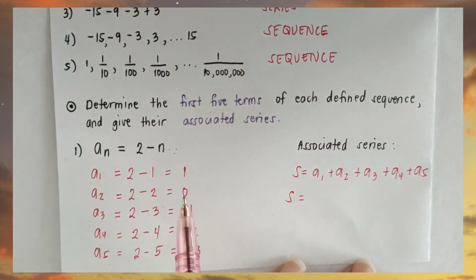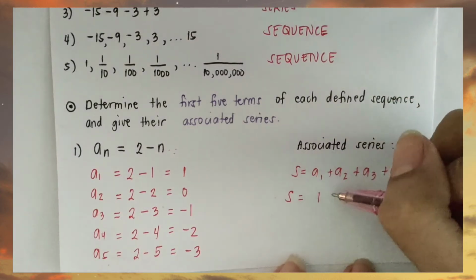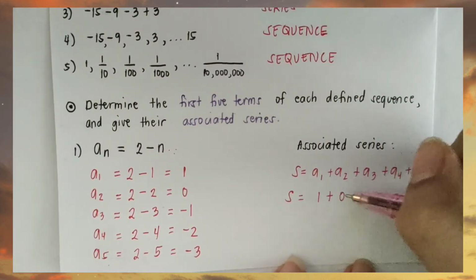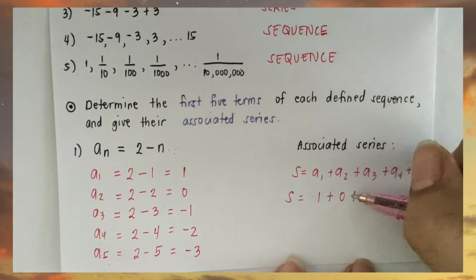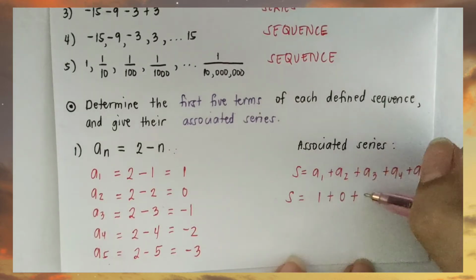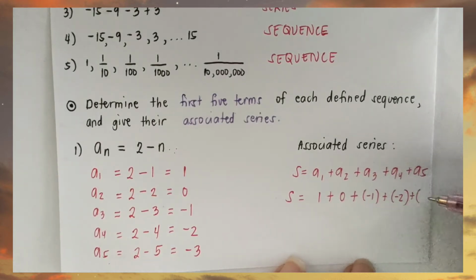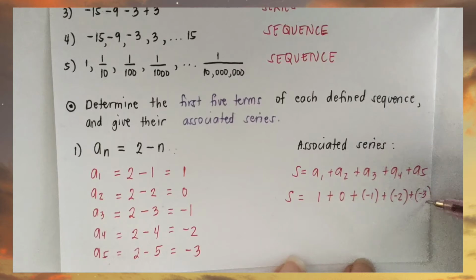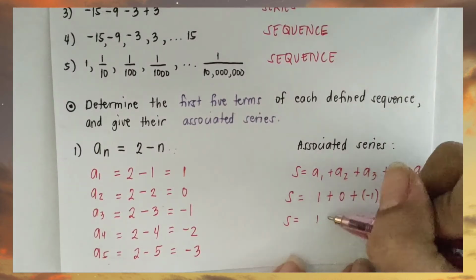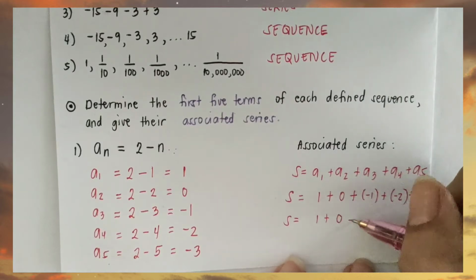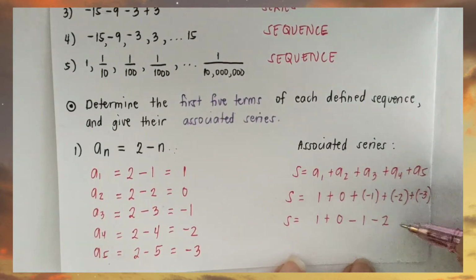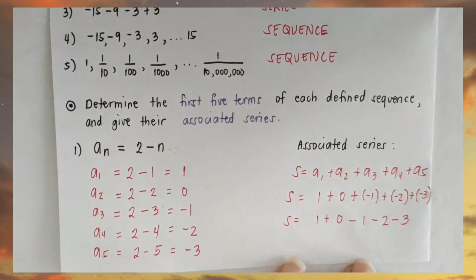For A1, we have the value of 1, plus A2 is 0, plus your A3 is negative 1, plus your A4 is negative 2, and then plus your A5 is negative 3. Let us simplify. Our associated series will be 1 plus 0 minus 1 minus 2 and minus 3.